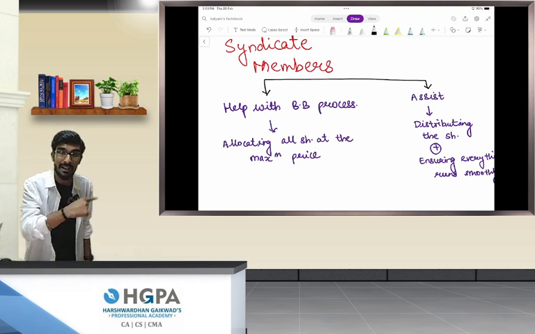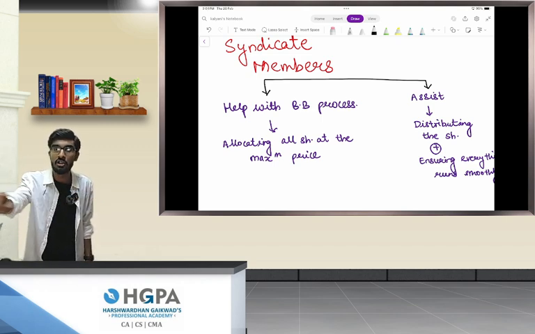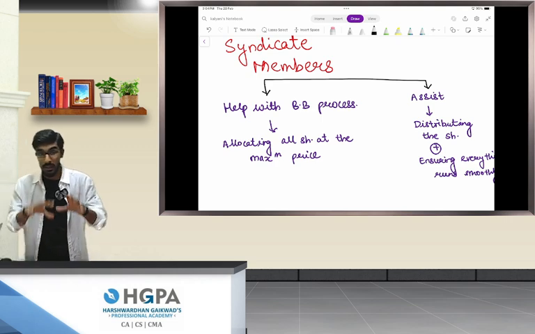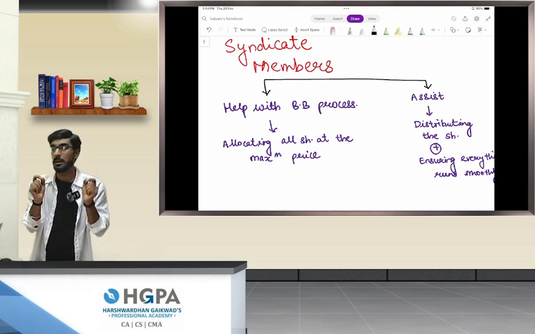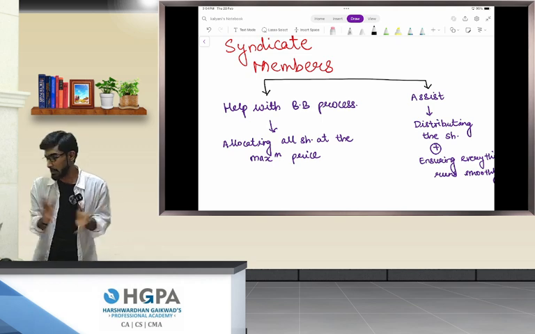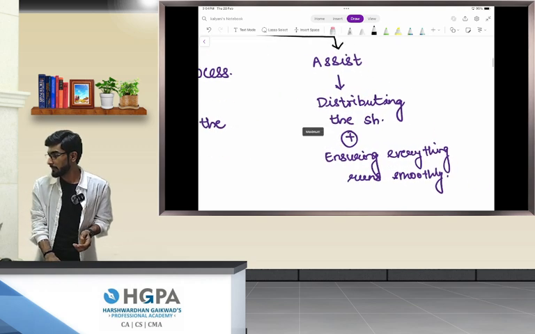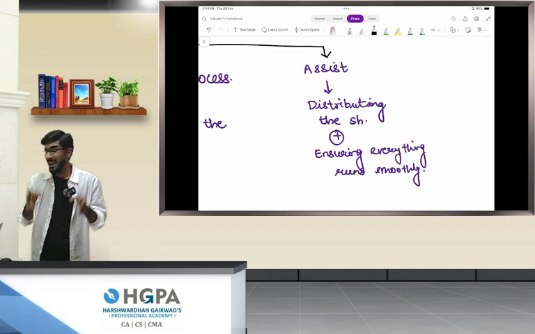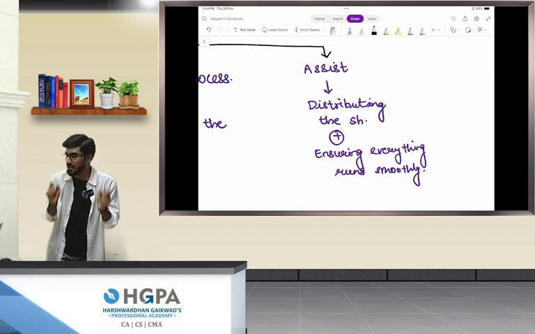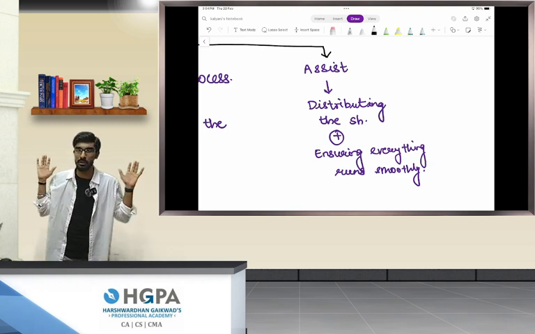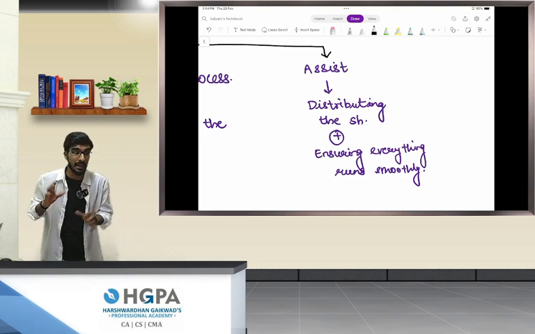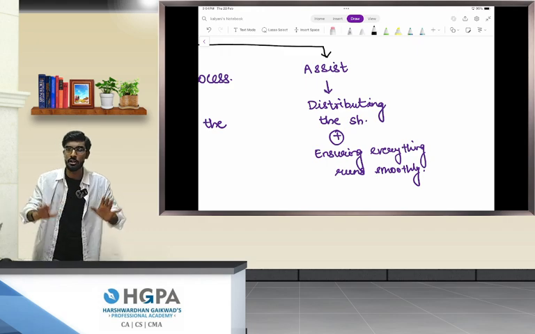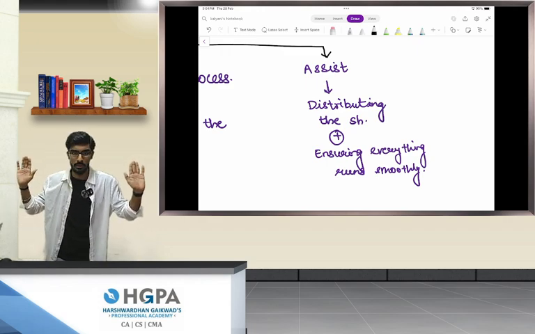This process will be assisted by syndicate members. Clear? Next, he also assists in distributing the shares plus ensures everything runs very smoothly. Cool?